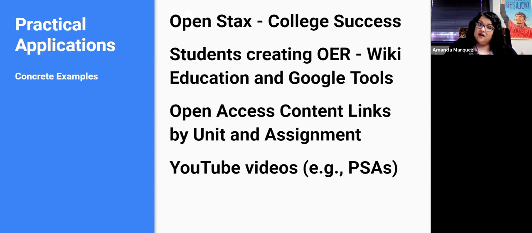While the students are reading and engaging with all this content that I had selected for the courses, the Wiki Education project became this incredible learning experience, not only for the students, but also for myself.